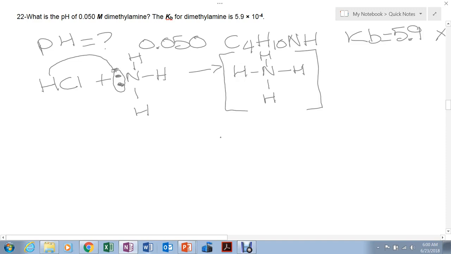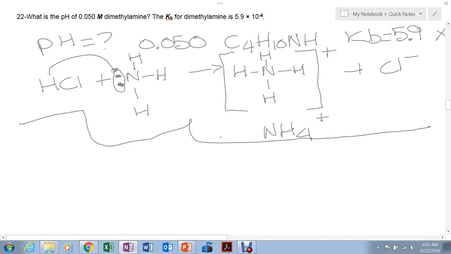And this is the ammonium plus Cl negative. In other words, it's NH4 plus. Okay, that's why. So let's go ahead and keep on going with the problem. I thought it was important to explain to you why they are all weak bases.